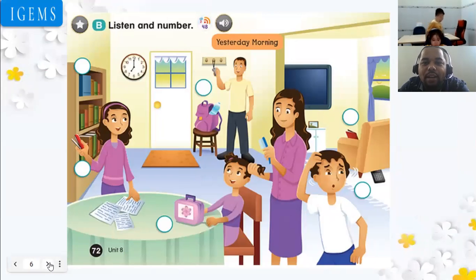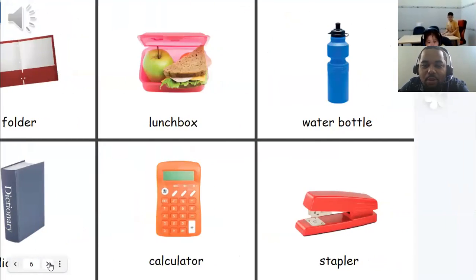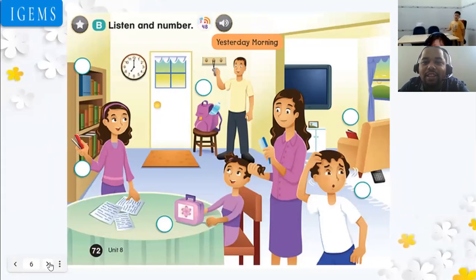What is number one? Let me show you here. Yeah, you can say it. Number one is lunch box. Good job. And what is number two? Let's see what is number two.